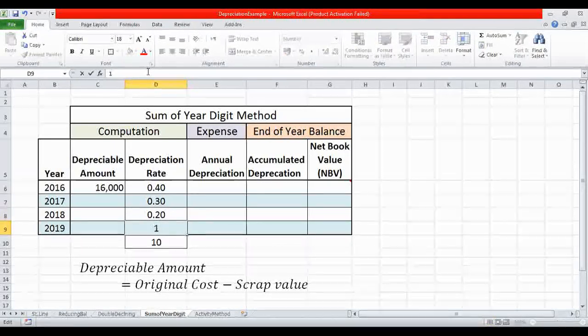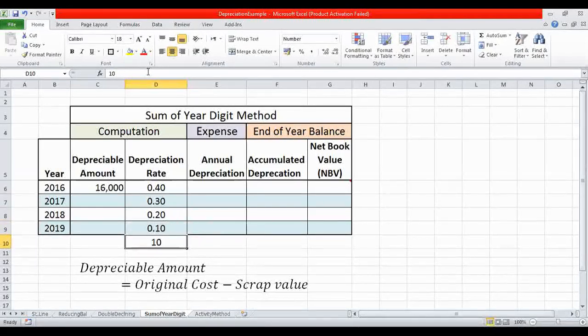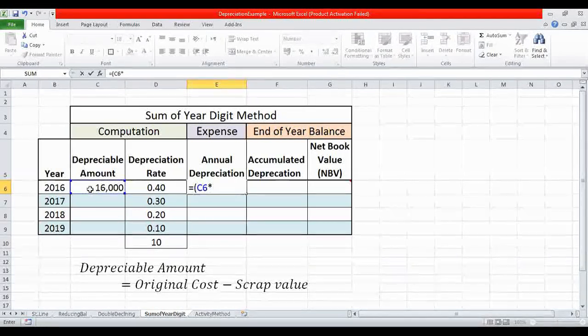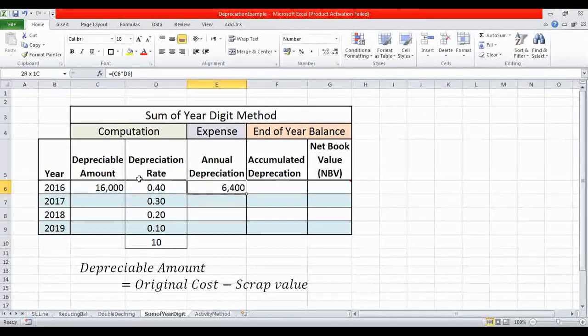Again 1, we are going to do exactly the same thing, divided by 10. So these are the rates. In this method, we calculate the rates like this. The rest of the process totally remains the same. So in order to calculate annual depreciation expense, we are simply going to multiply the depreciable amount times the depreciation rate, 6,400.